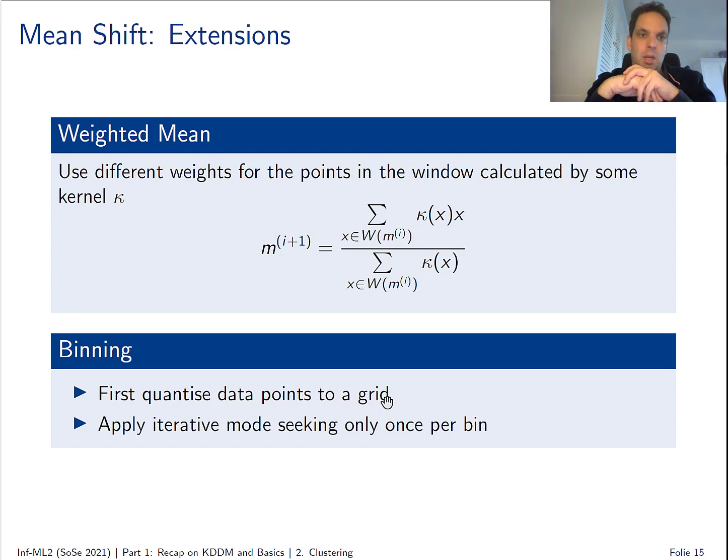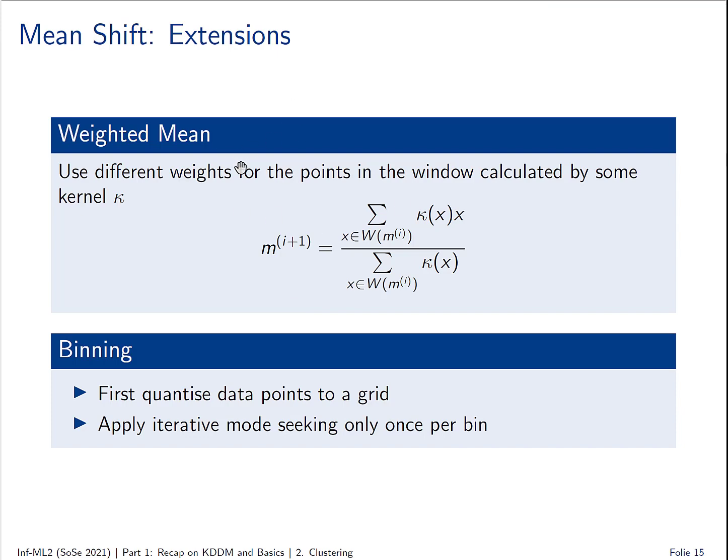So there is only one mode per bin, and then we group those bins that have the same basin of attraction again. We just work on a coarser, more granular representation by applying a grid first. That reduces the whole effort to a quadratic effort in the number of grid cells, which again is only sensible on a lower-dimensional data set, but that's a different story.